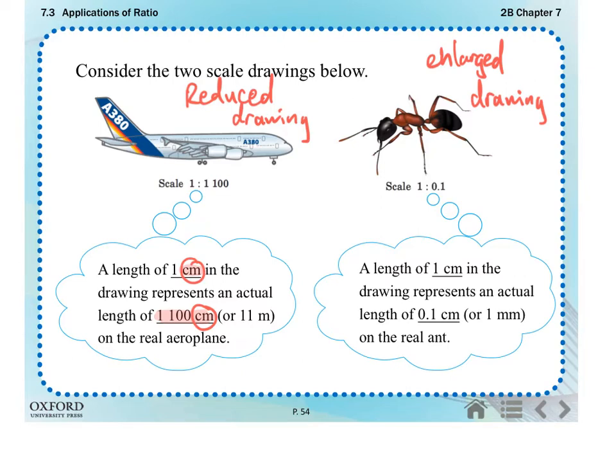So this one, 1 to 0.1, means 1 cm in the drawing is an actual length of 0.1 cm. So for example, if I draw 10 cm, what is the real length of this ant? It's just 1 cm.